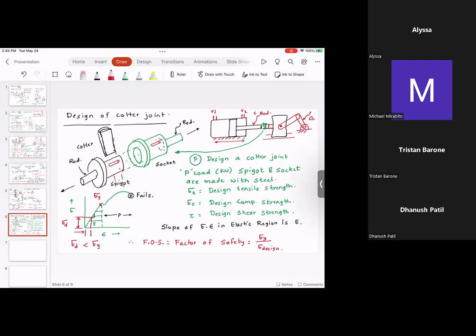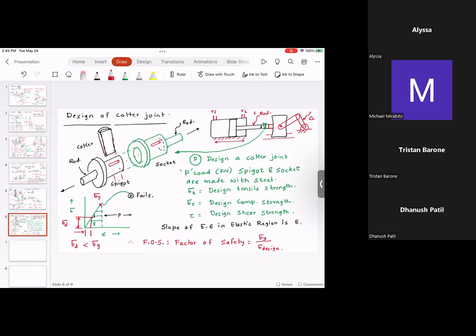But this is an interesting concept. For example, if you are trying to design an aerospace component, the failure is going to cost human lives, so you want to use a high factor of safety.